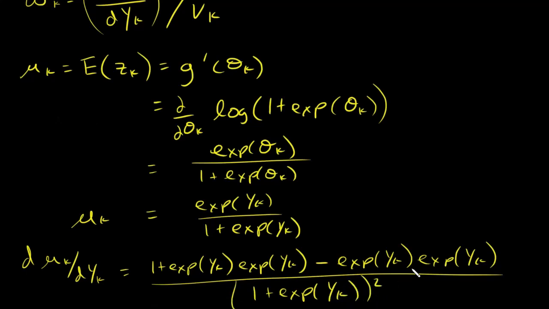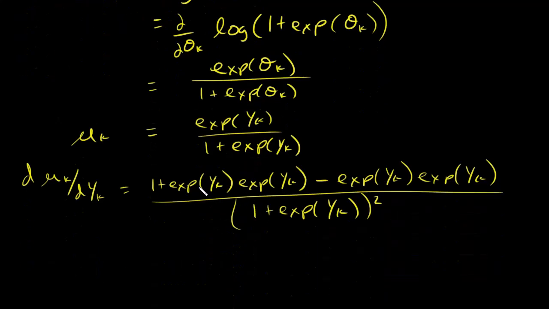Okay, now this can be simplified a little bit. I see basically I have this guy squared twice.